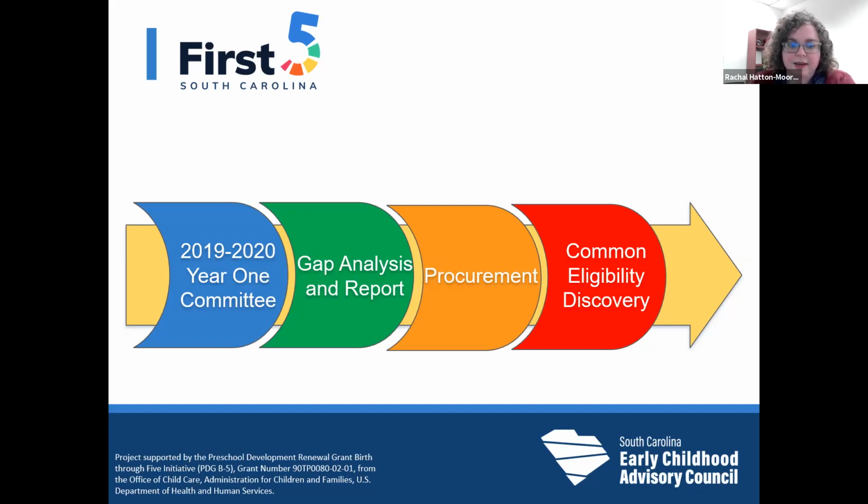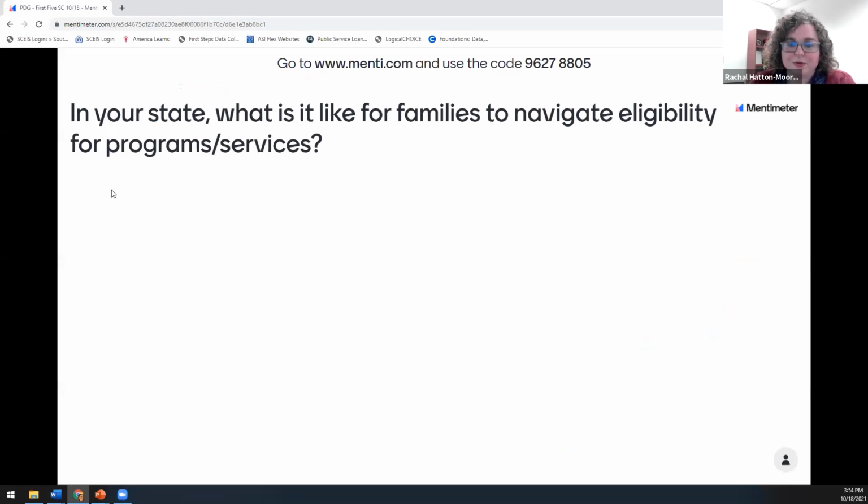And then I want you to go to Mentimeter and enter a few words about what it's like for families right now. And I'll copy this link and drop it in the chat for you. So we'll just take a moment to do this.